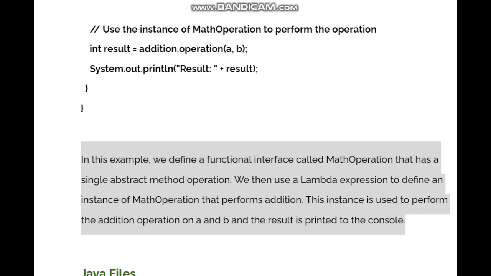We then use a lambda expression to define an instance of MathOperation that performs addition. This instance is used to perform the addition operation on a and b, and the result is printed to the console.